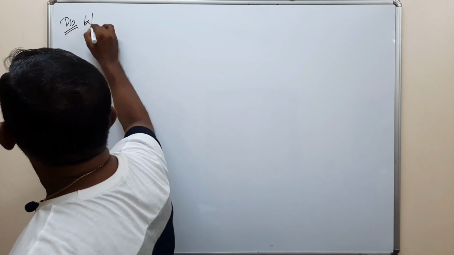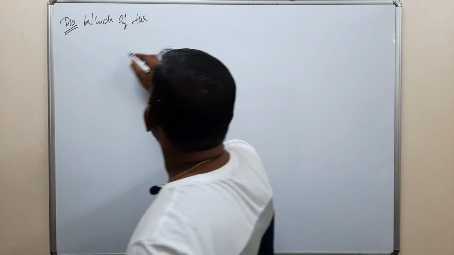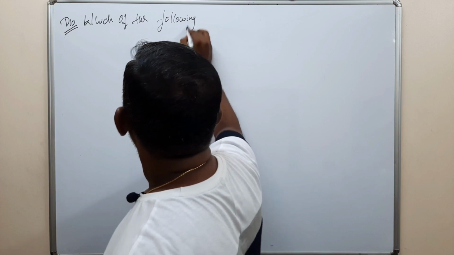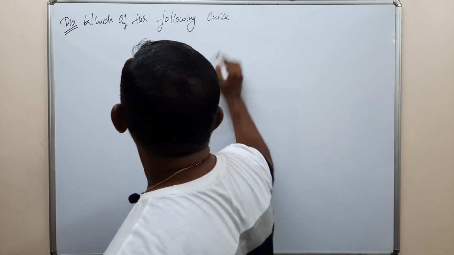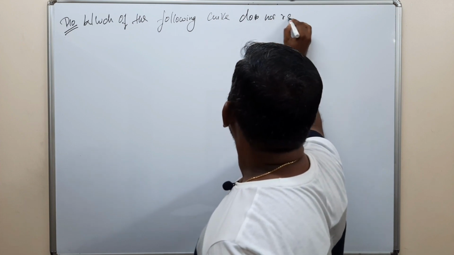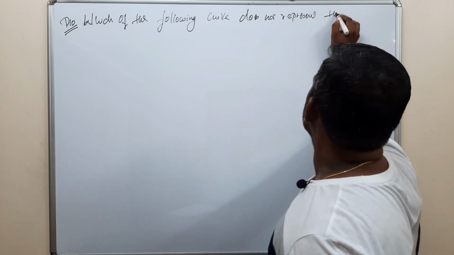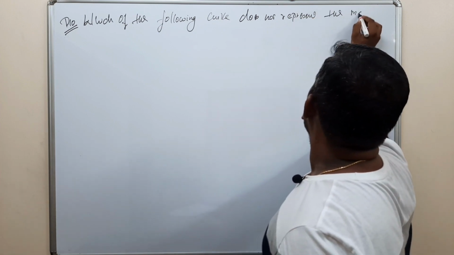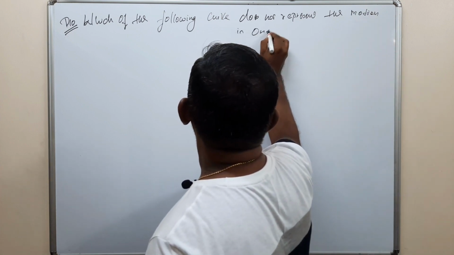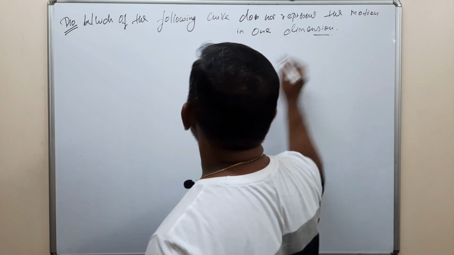Which of the following curves does not represent the motion in one dimension? The motion in one dimension.